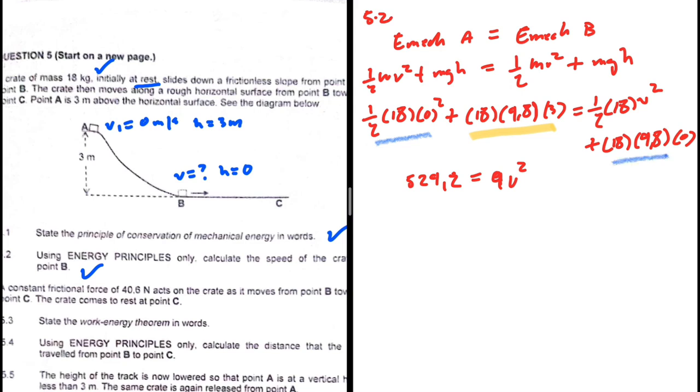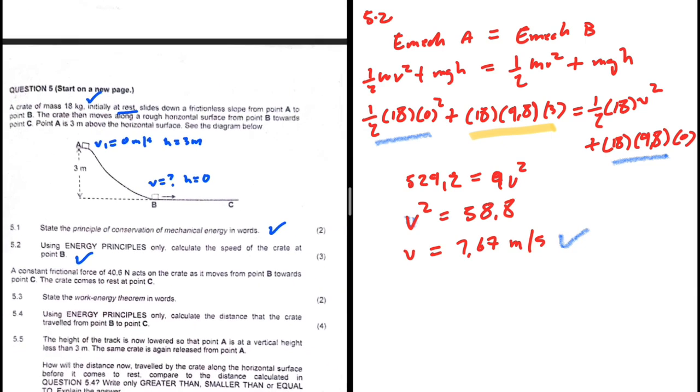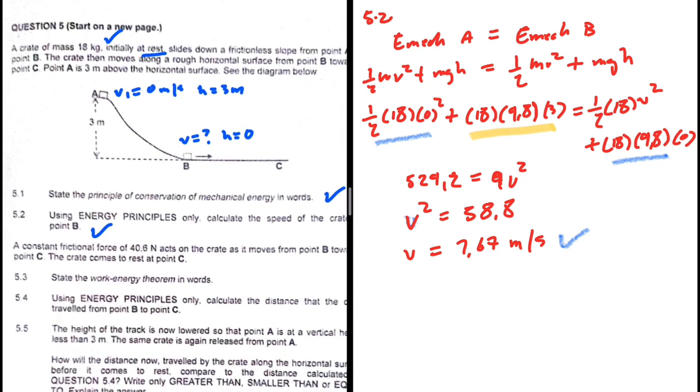Let's divide both sides by 9. 529.2 divided by 9, we get v squared equals 58.8. Taking square roots on both sides, we get v equals 7.67 meters per second. We can leave it like that because we are only interested in the magnitude. So there we go. That is the speed at point B.